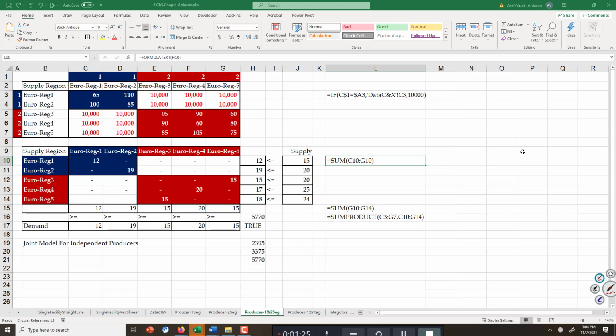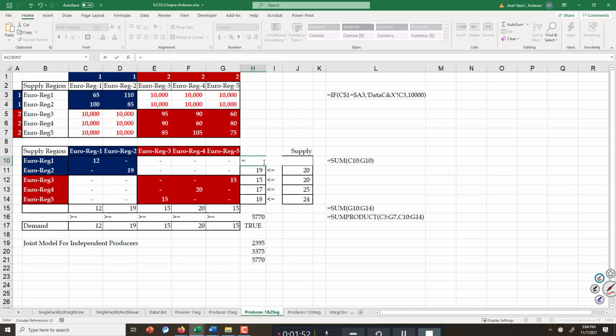In order to solve this problem in one run, we can put big M's here, large values here. I have used this Excel function that if this number and this number are the same, write the corresponding transportation cost, but if they are different, a large number. Then I come here and I have equal to summation of everything.